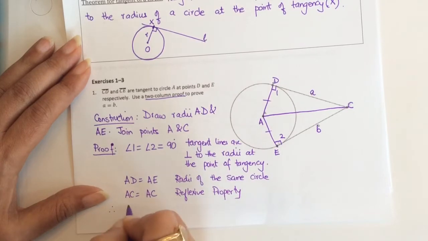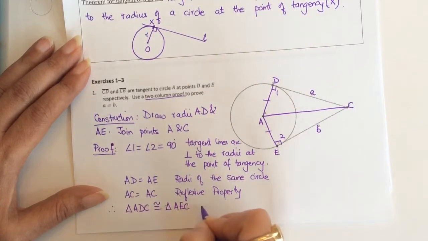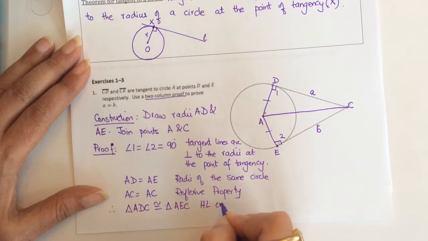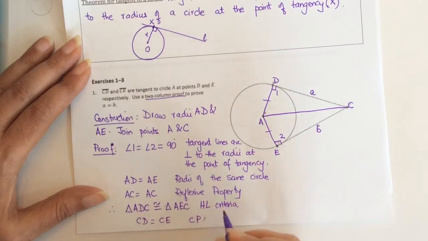So therefore, triangle ADC is going to be congruent to triangle AEC using the HL criteria. So then CD should equal CE because corresponding parts of congruent triangles are congruent, CPCTC.